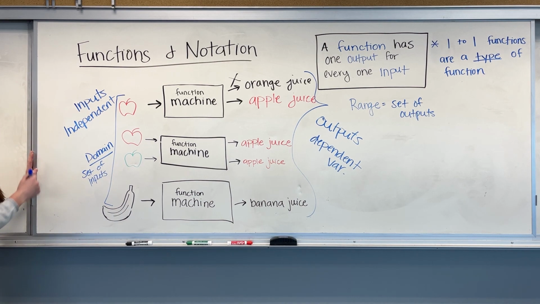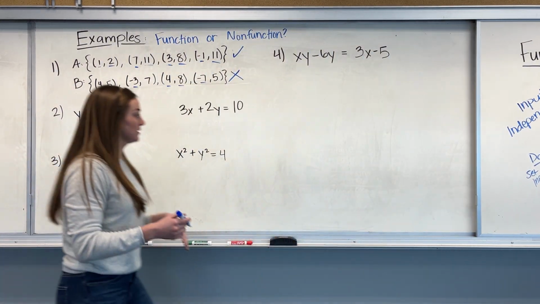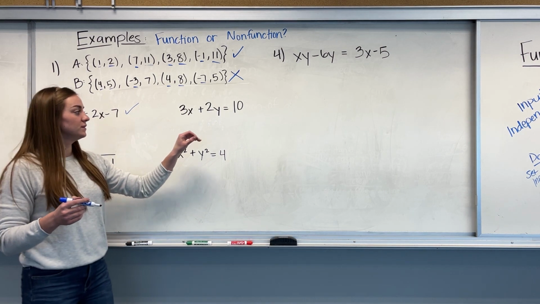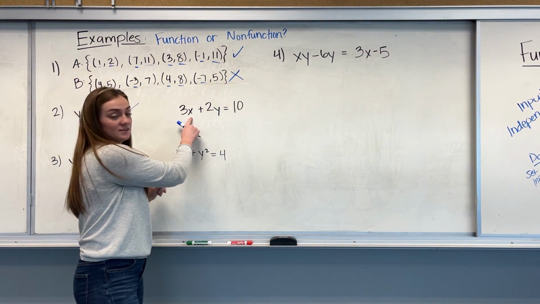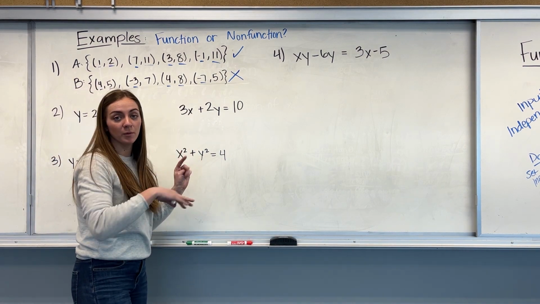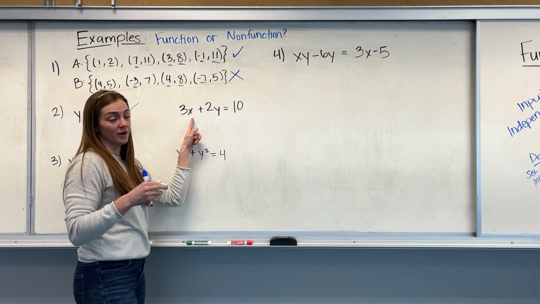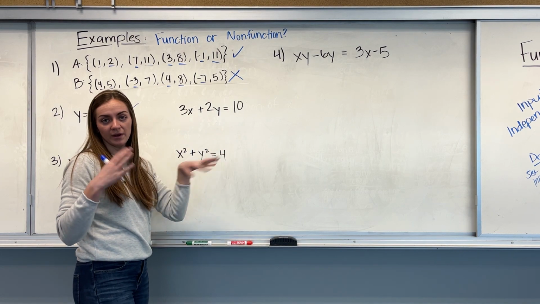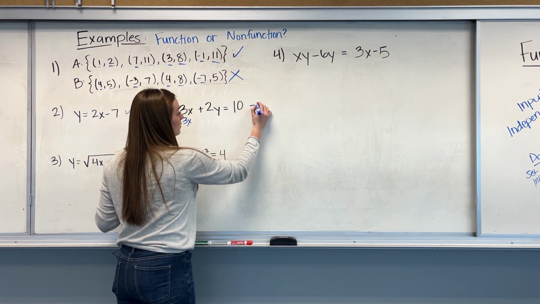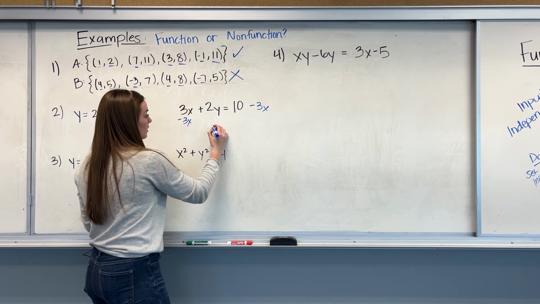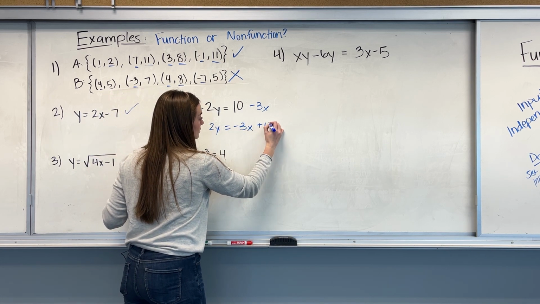So back to our example, we want the dependent variable y by itself, where x is the independent variable. We can plug in whatever we want as long as it's in the domain. We can plug in whatever we want in the independent variable, and this y will change depending on what we get. So let's separate y. We'll subtract 3x over, and we'll have 2y equals minus 3x plus 10.